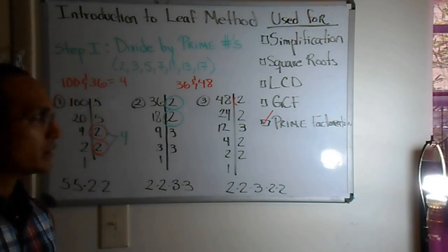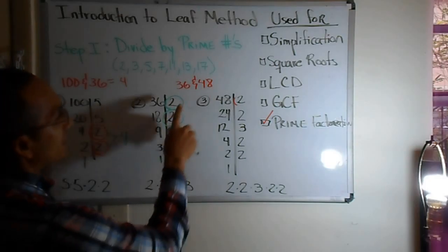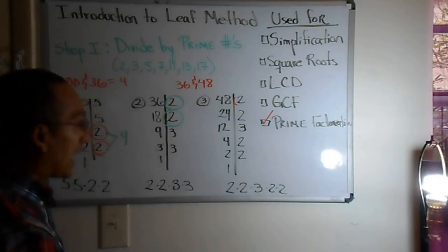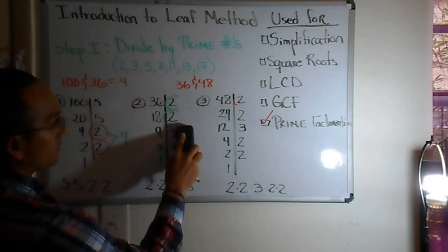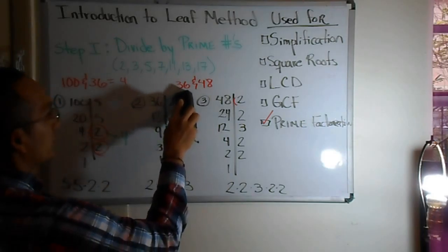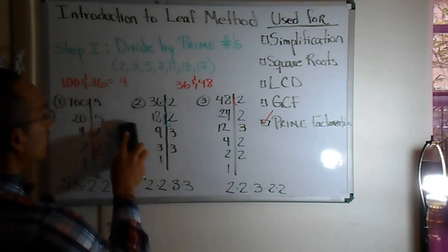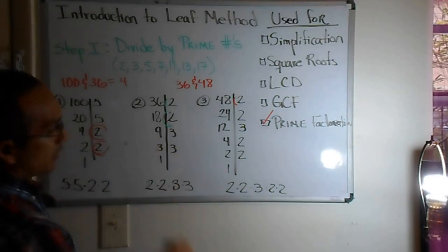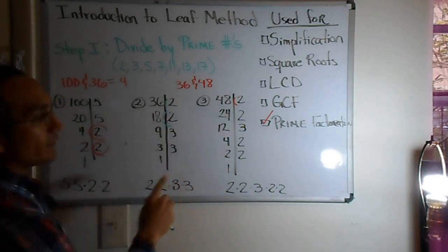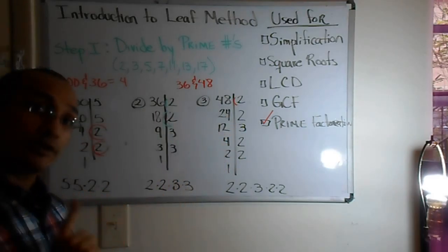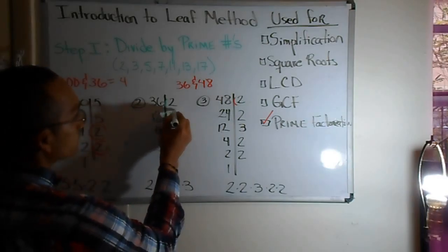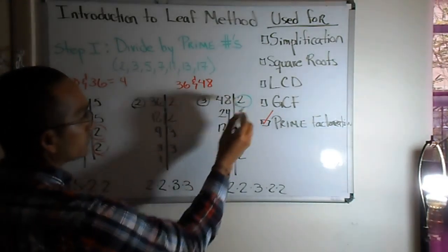Let me give you an additional example. Let's say between 36 and 48, I want to find the greatest common factor between them. Since we already did the leaf method, you only need to look at the right-hand side to find numbers that are the same one-to-one. So this 2 is the same thing as this 2.